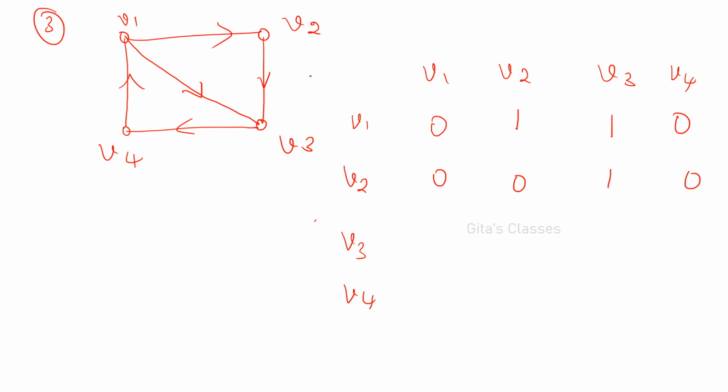V2 to V3 we have. From V3 only to V4 you have 1. All the others are incoming only. So 0, 0, 0. There is no loop also. From V4 to V4 it is 1 only. V4 to V1. Yes, V4 to V1 we have 1. So all the others are 0.